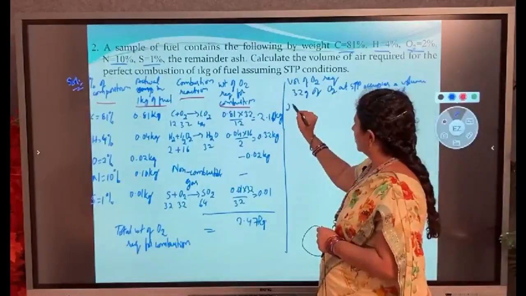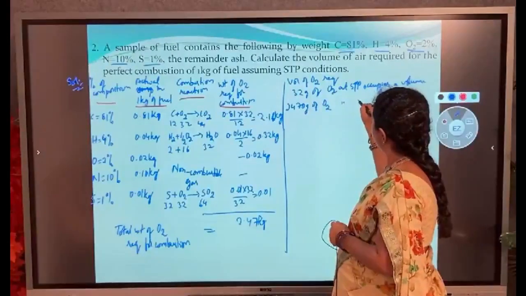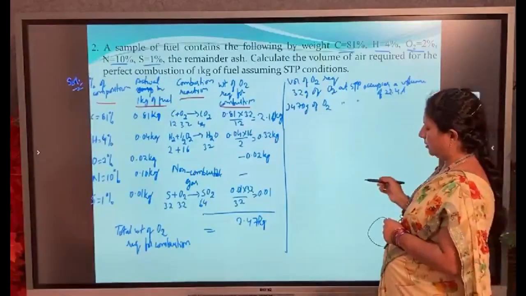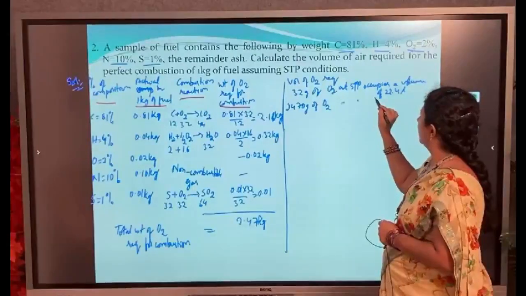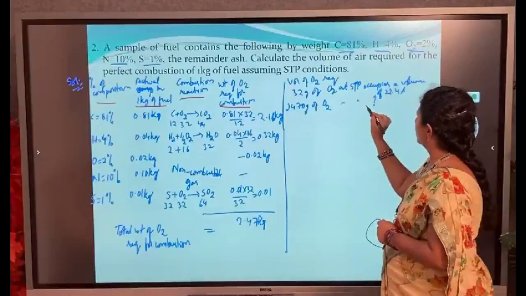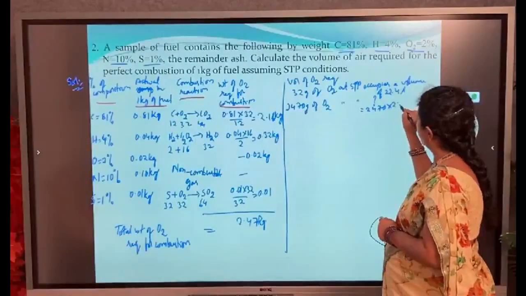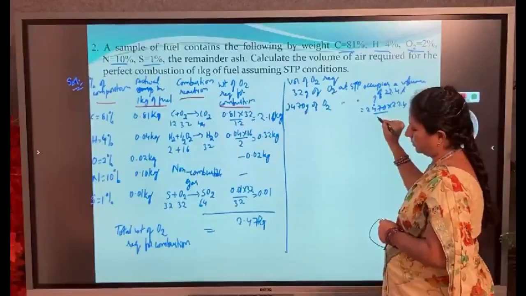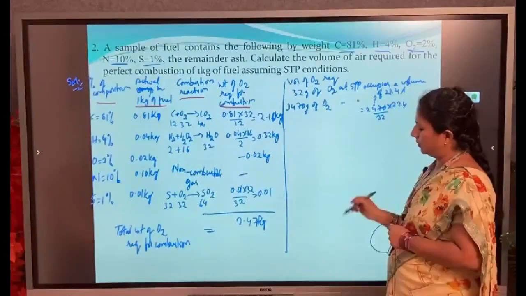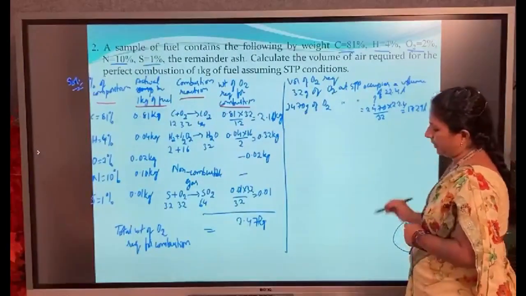Now, 2470 grams of oxygen at STP occupies how much? So this will be equal to 2470 into 22.4 by 32. So this will be equal to 1729 liters.